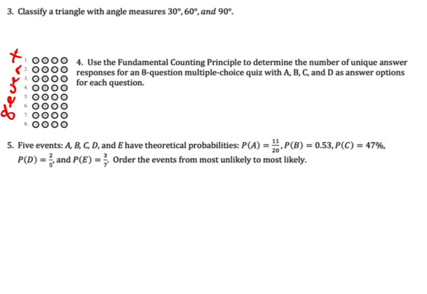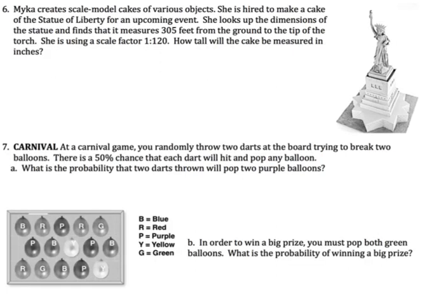Number 5, we've got 5 events. Order the events from least to most likely, most unlikely to most likely. So most unlikely will have the smallest probabilities, and most likely will have the highest probabilities. Number 6, this is a scale model problem of the Statue of Liberty.